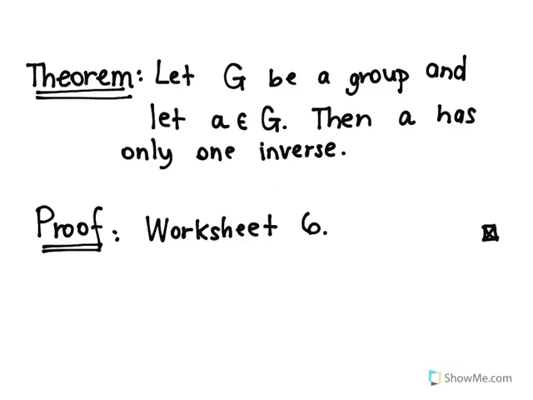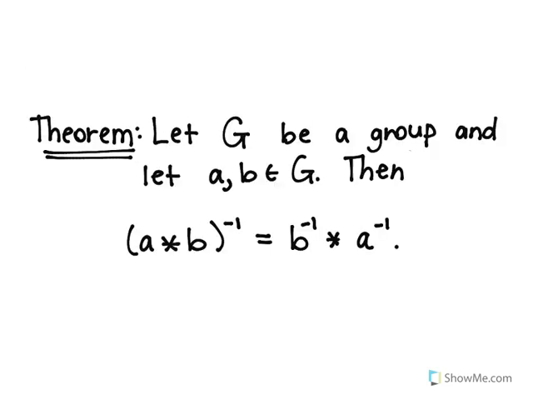Okay, so one last property of groups for today, which is a property about how inverses interact with the binary operation. This theorem says, let G be a group and let A and B be any two elements of G. Then if we look at the element A star B and ask, what's the inverse of that element?